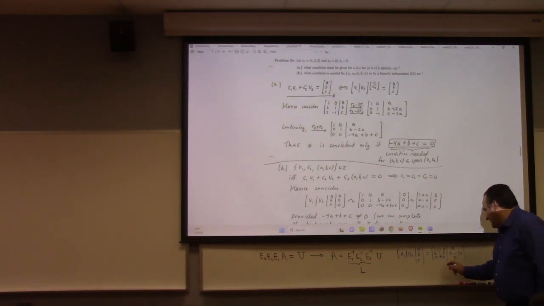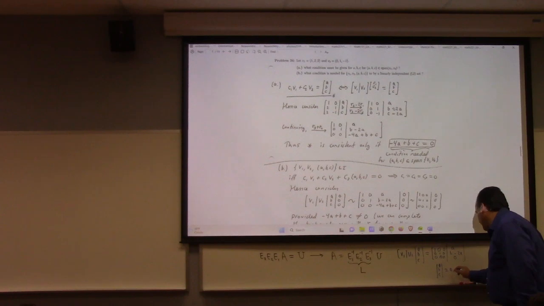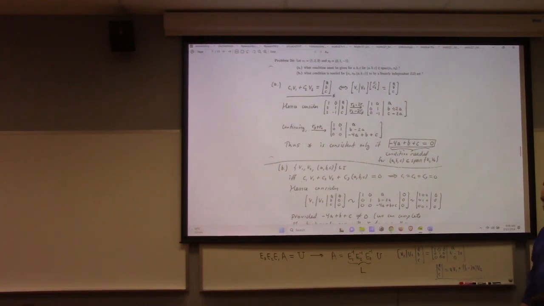So that would specifically tell me that ABC is equal to A times V1 plus B minus 2A times V2. I didn't ask for that in this problem, but that's a nice follow-up comment. How do I know that?